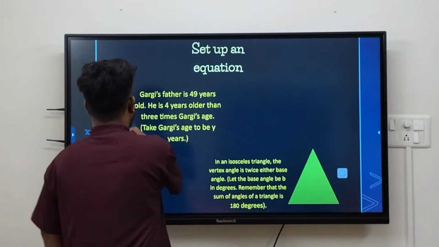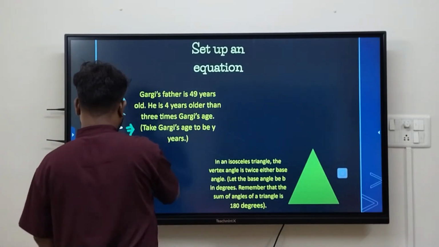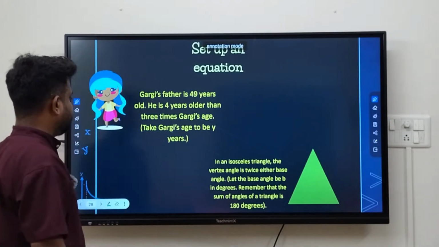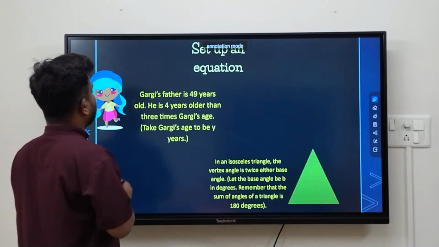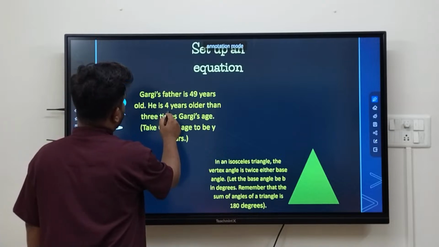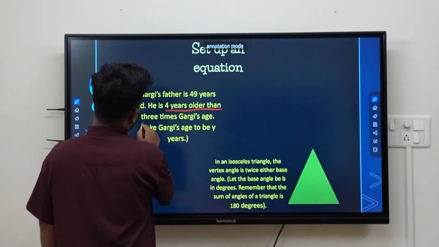So in the answer, let Gargi's age be y years. What they have told us is that Gargi's father is 4 years older than 3 times her age.